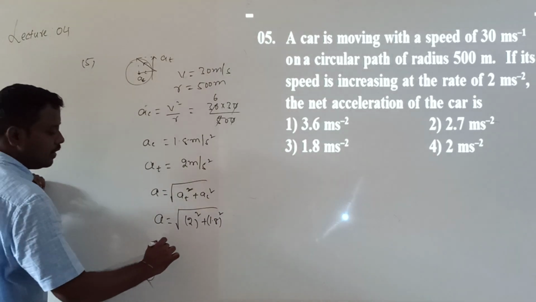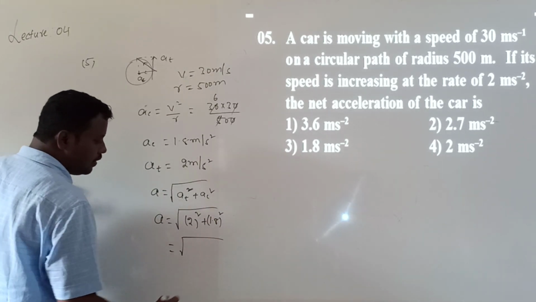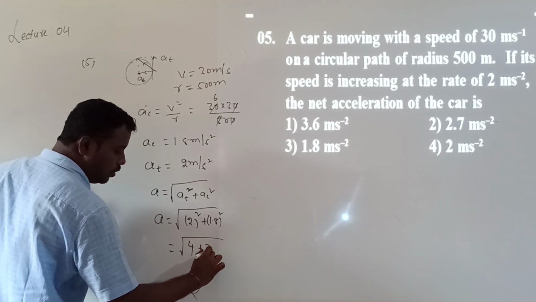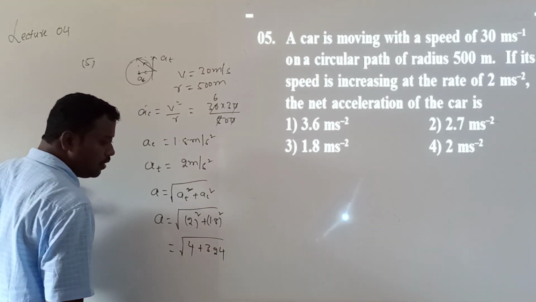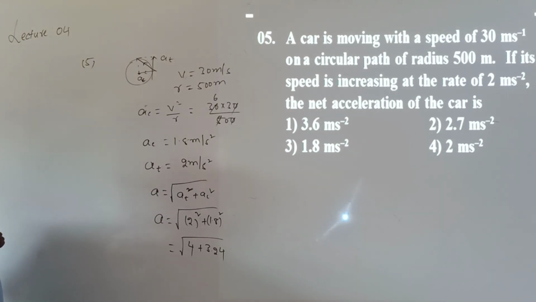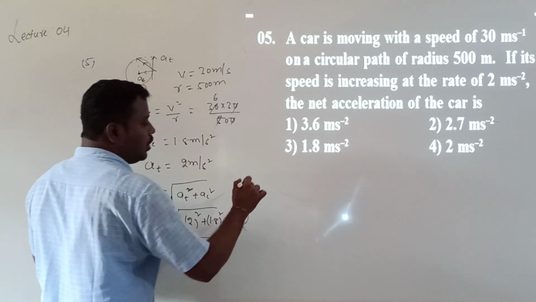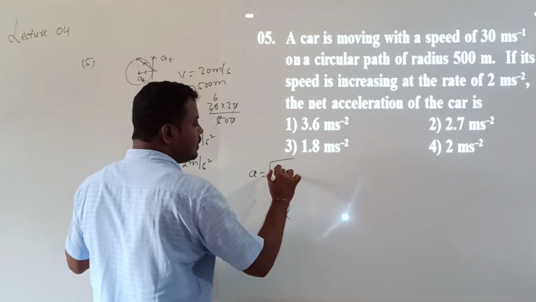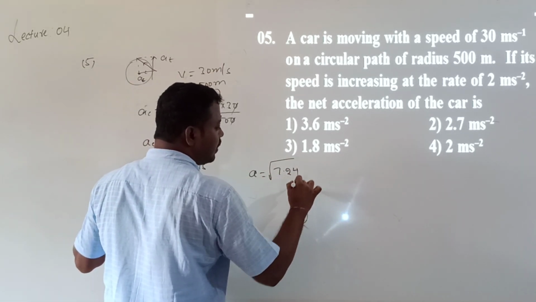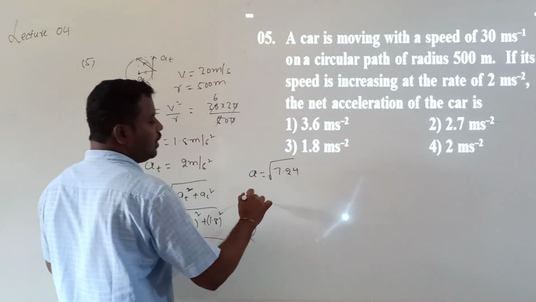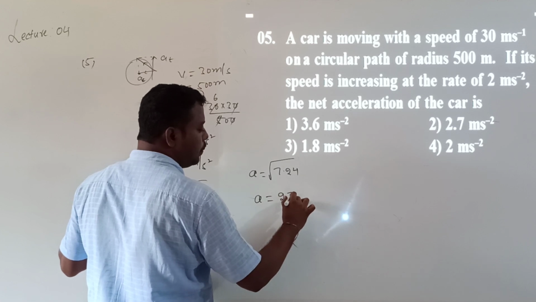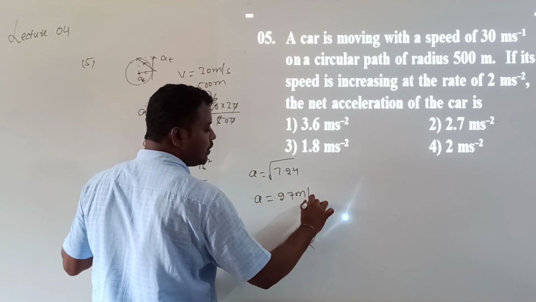That is root over 4 plus 3.24, so A is equal to root over 7.24. The square root of 7.24 is very close to 3, so the answer will be about 2.7 meter per second square.